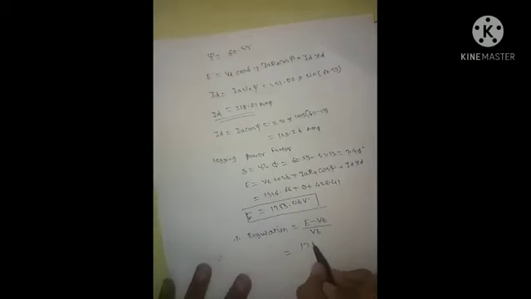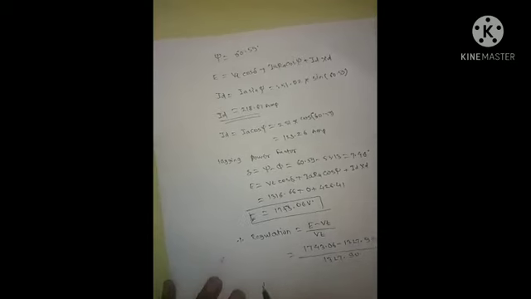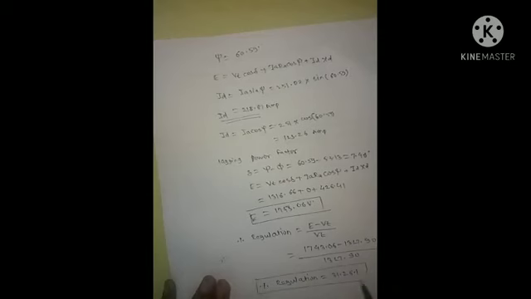Put all the values, 1743 minus 1327.90 upon 1327.90 into 100, and the last value of the percentage regulation is 31.26%. This is the last value of the numerical.